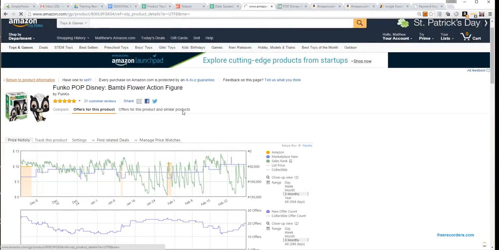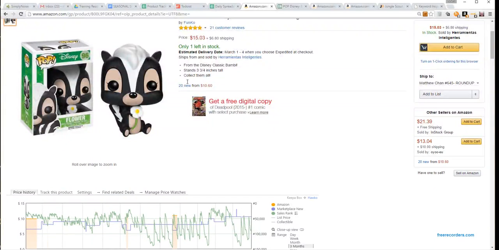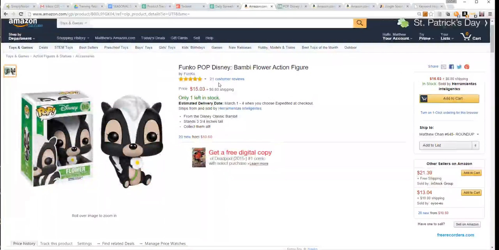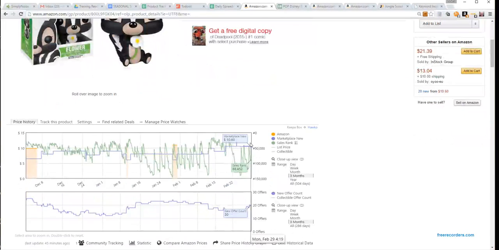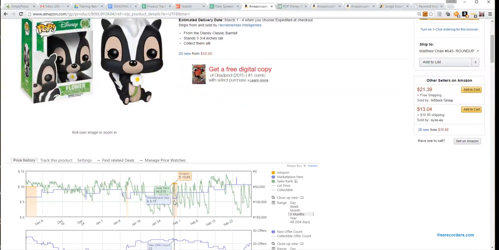That makes our data a little bit confusing because here it's saying our price is about $21. So 10.60 is actually, well, $21. So it's probably about $10 shipping. 6.15 is our lowest price.